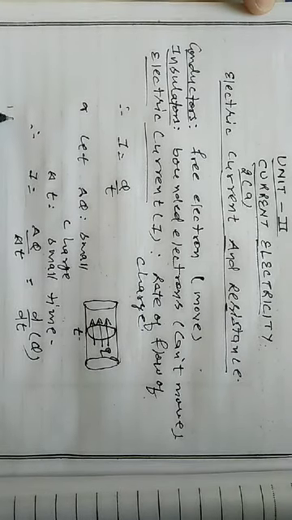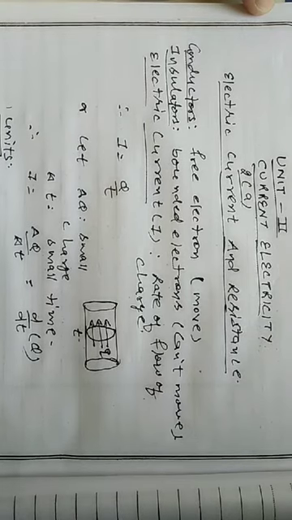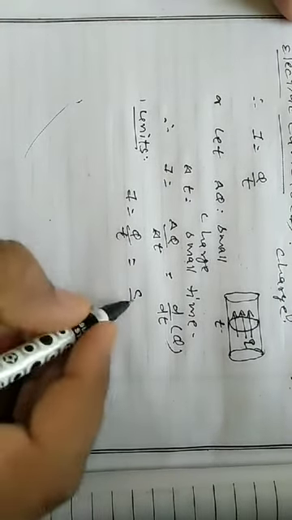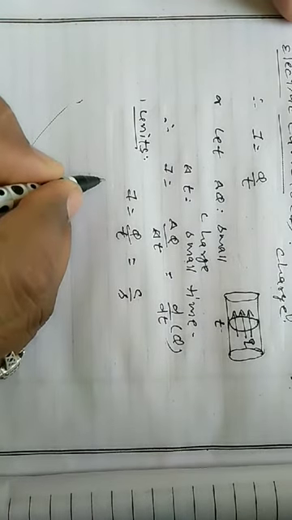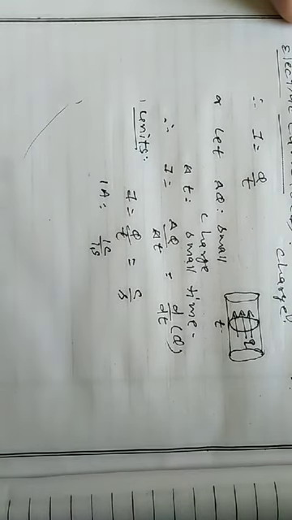Now units of current. I is equal to Q upon t. Q is charge, unit is coulomb, time is in seconds, I is current, so the unit is ampere. So 1 ampere is equal to 1 coulomb upon 1 second.